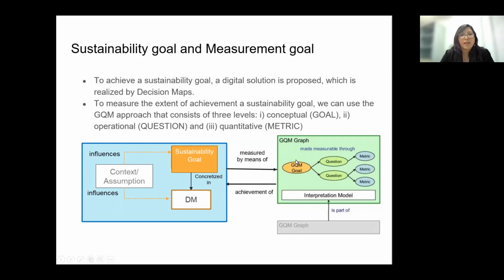Then we have the operational level, where we define the questions, which are derived based on the goal. And the third level of the graph is the quantitative level, where the metrics are identified or defined. So having these three levels, we build our goal, question, and metric graph.